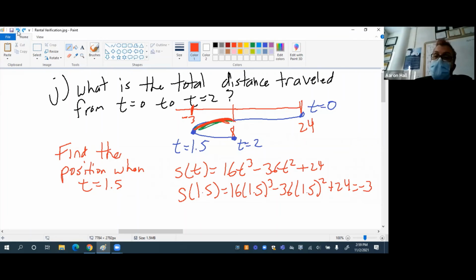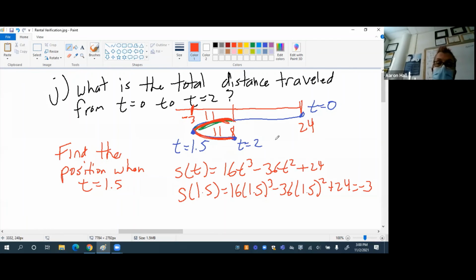So -3 minus 8 would give us -11, but we take the absolute value because distance is always positive. And so I get 11 here. And then what about this distance here? 11. So how much more than the displacement did we travel? 22 units.